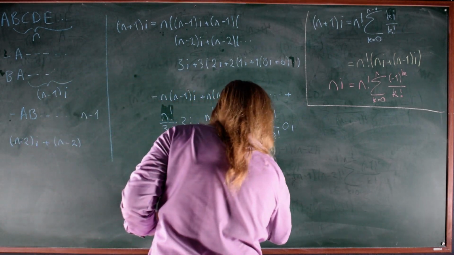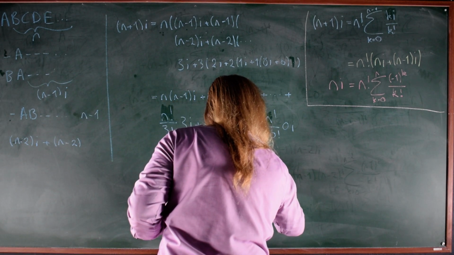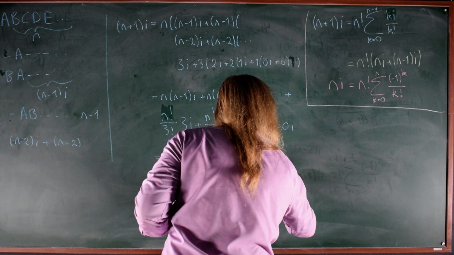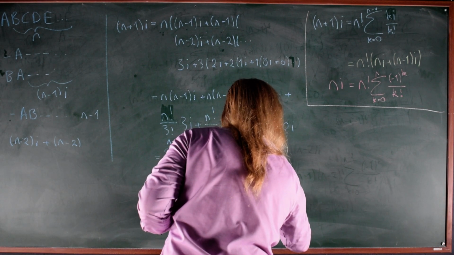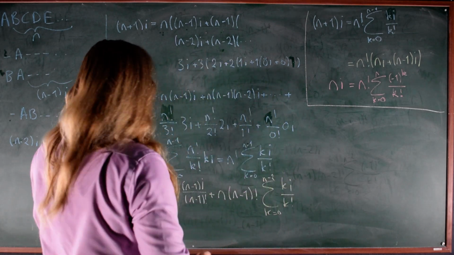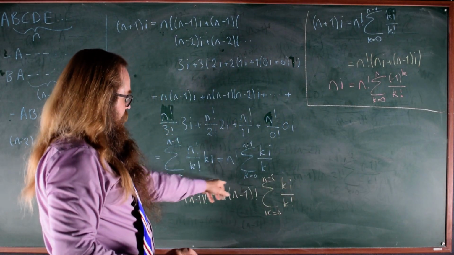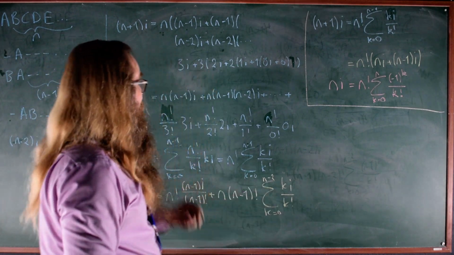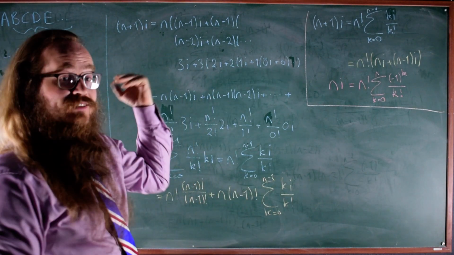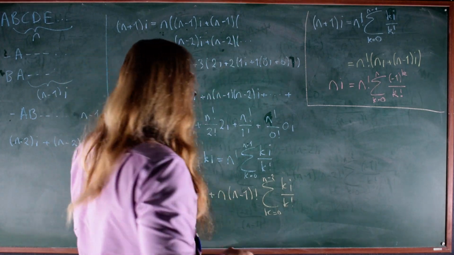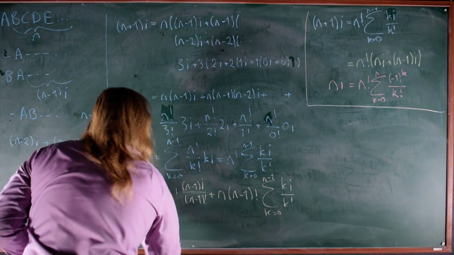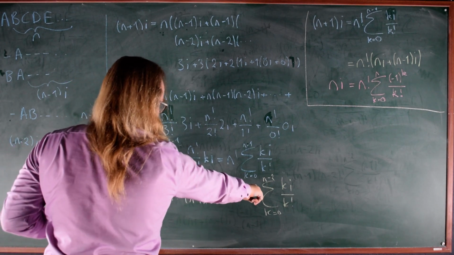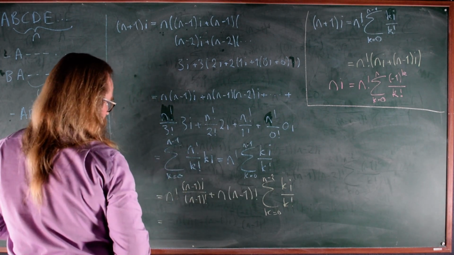And what I have left then is from k equals 0, and then I take this leading n outside the factorial. And what I have here is exactly the definition of n subfactorial by the formula we just showed. And the n factorial, just like here, this n minus 1 factorial cancelled with the denominator here.